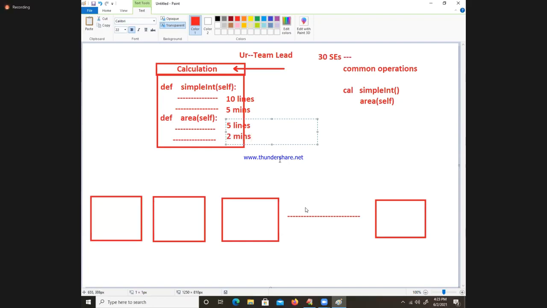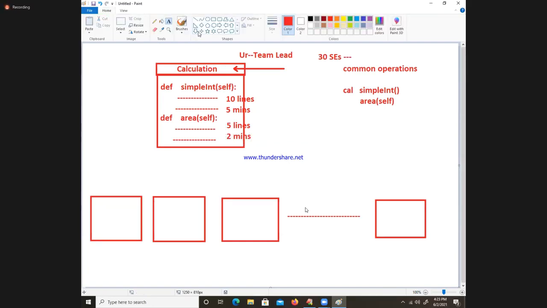Then tell me, would you like to ask the software engineers to define each of these functions every time, or would they get them as they are from your class? Come on, quickly. First of all, understand my point.